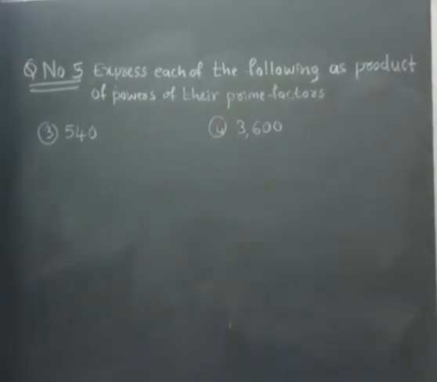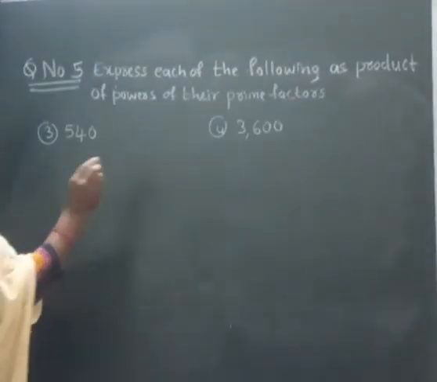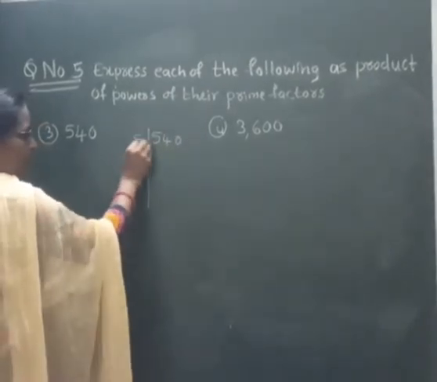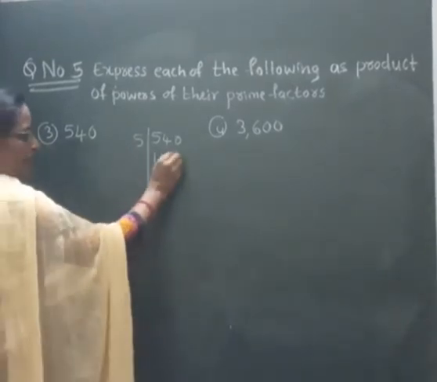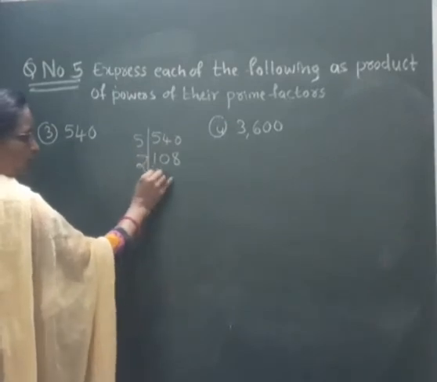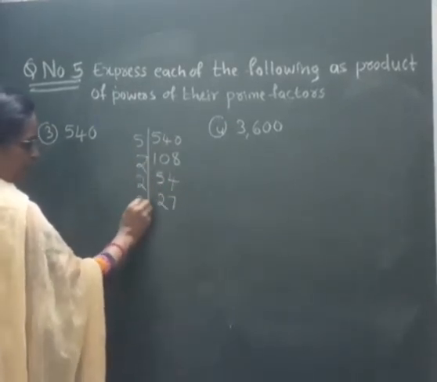Third one, 540. Here 0 is there, so it can be divided by 5. 540 divided by 5: 5 ones are 5, 4 is less than 5, so 0 will come here. 5 eights are 40. Then 2 fives are 10, 2 twos are 4, 2 ones are 2, 3 threes are 9, 3 ones are 3.